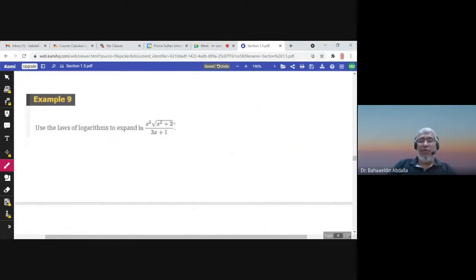I have division, so I will write it as ln x square times the square root of x square plus 2, minus ln 3x plus 1, using the second law, changing division into subtraction. Here I have multiplication, so I will change it to addition.